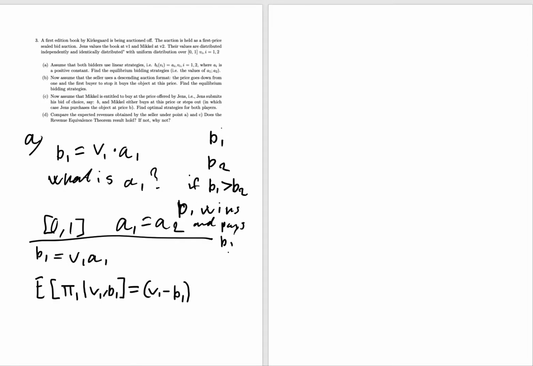That is a first price auction. So he's going to be paying his own bid if he wins, and then the difference between that and his evaluation is going to be the profit given that he wins. And then you have to multiply that by the chance that he wins.